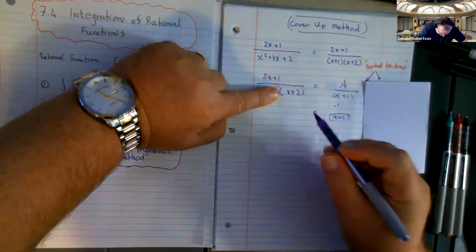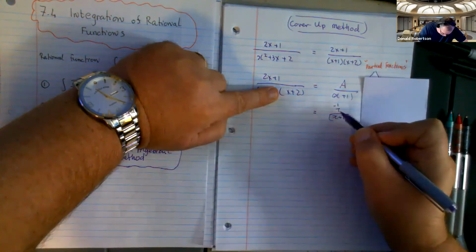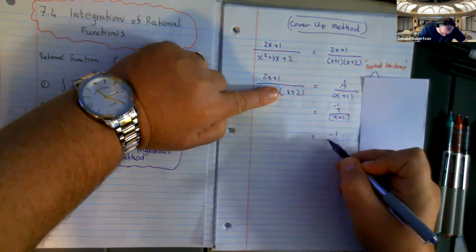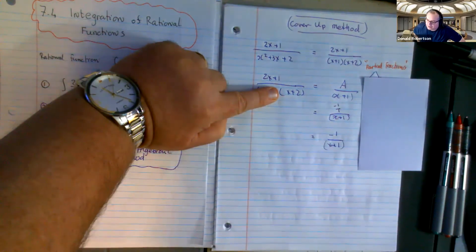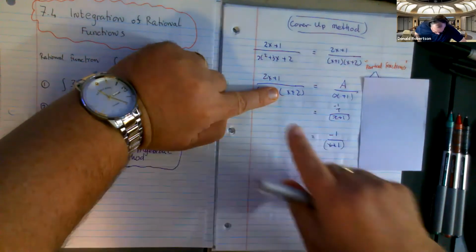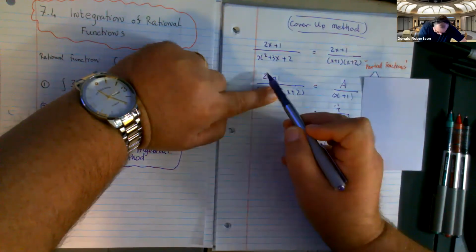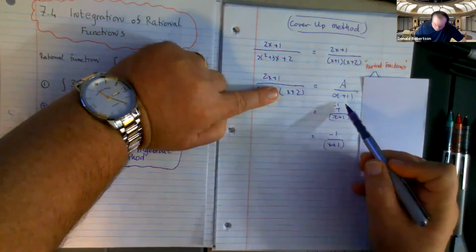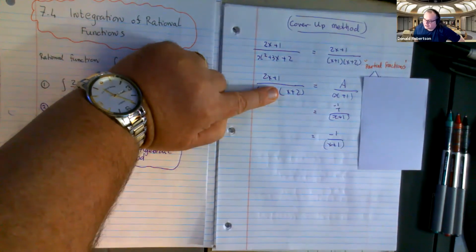And if you plug -1 in the bottom, you get -1 plus 2, which is 1. So you end up with -1 over x plus 1. Say it again: cover up the x plus 1, put -1 into everything that's left, the top and the bottom, and you get -1. Would you agree that's just magic?